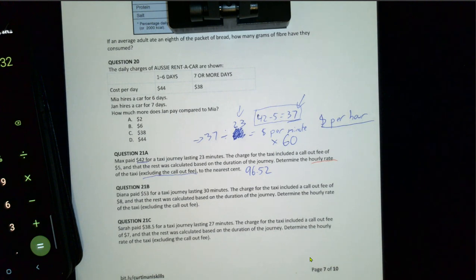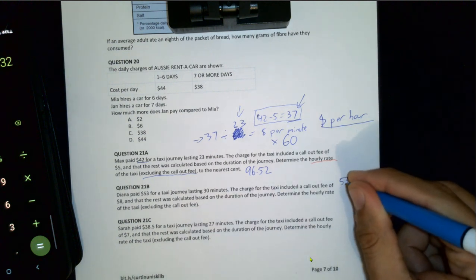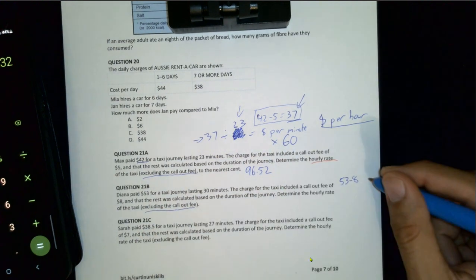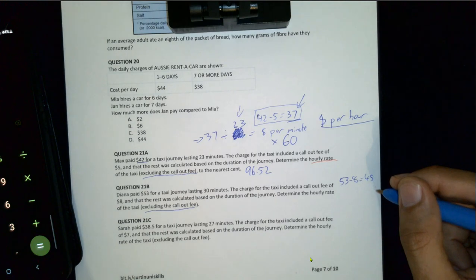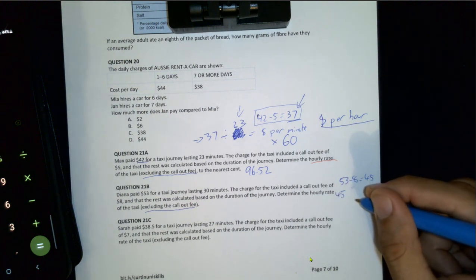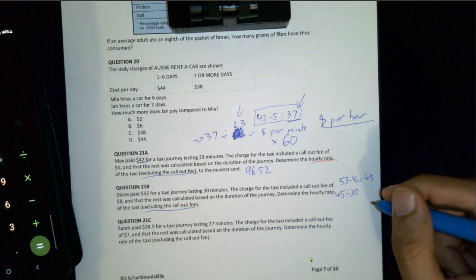So, $53 and a call out fee is $8. So the first thing we have to do is 53 take 8, because again it's excluding the call out fee. 53 take 8 is 45. And again, you would be doing the dollars, 45, divided by the number of minutes, which in this instance is 30.